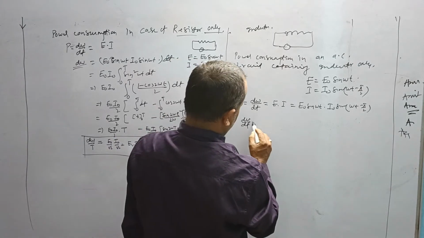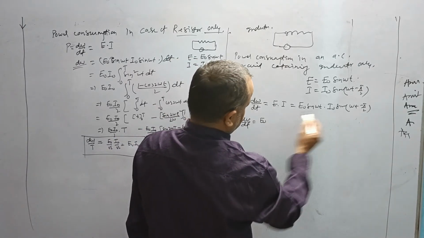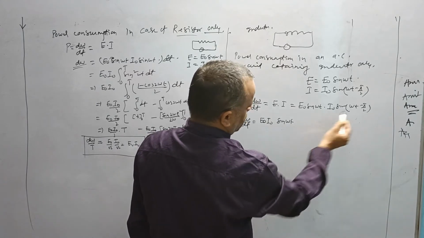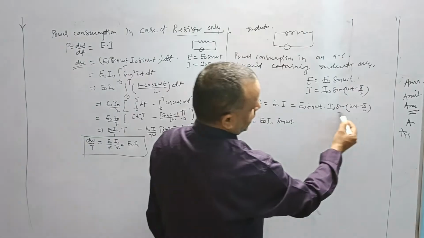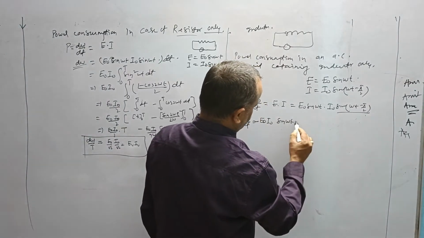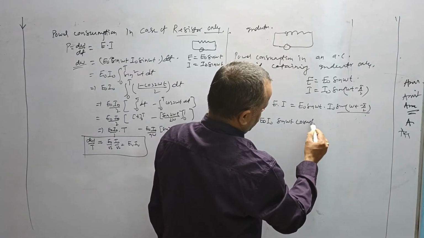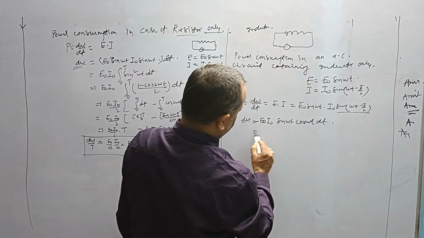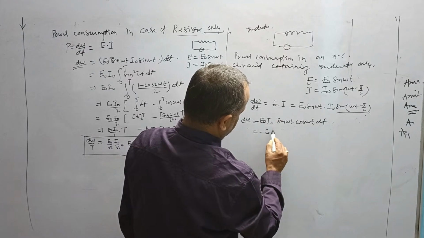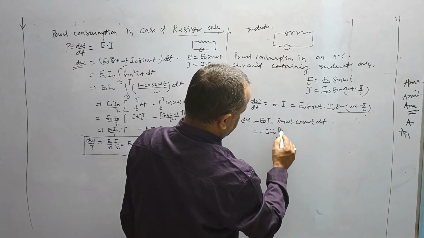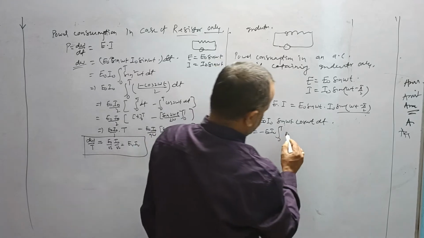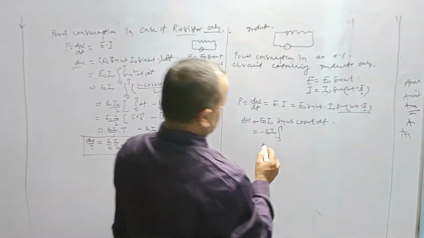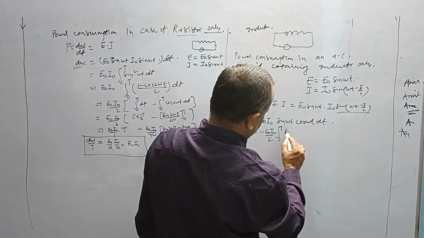This is E naught, this is I naught, sin omega t, and sin(omega t minus pi by 2) can be written as minus cos omega t. We will integrate it for the interval 0 to T. The integration of sin omega t cos omega t, we can divide and multiply by 2.